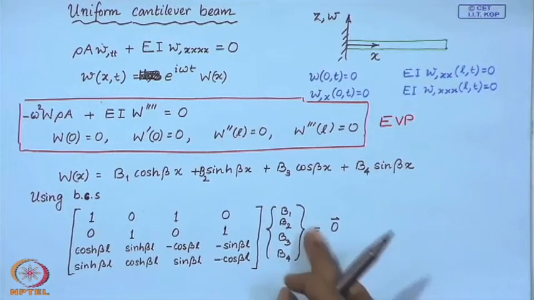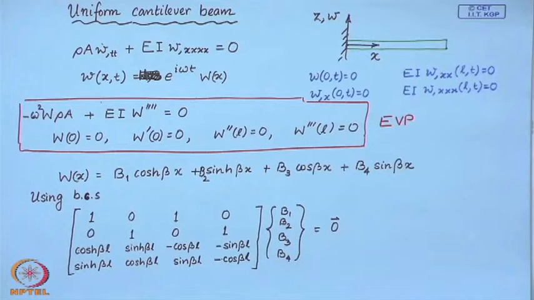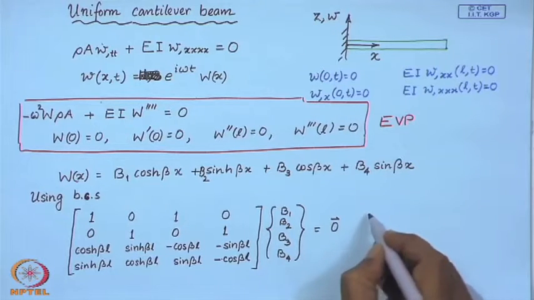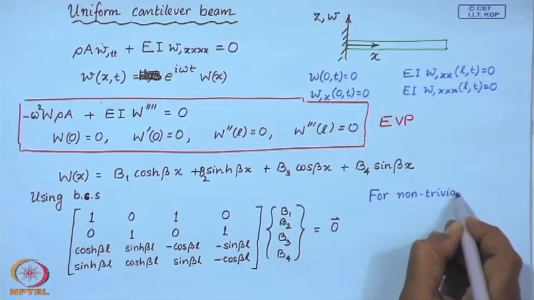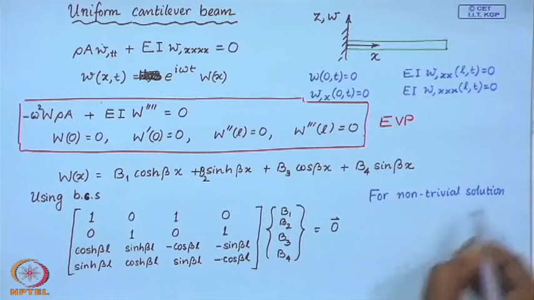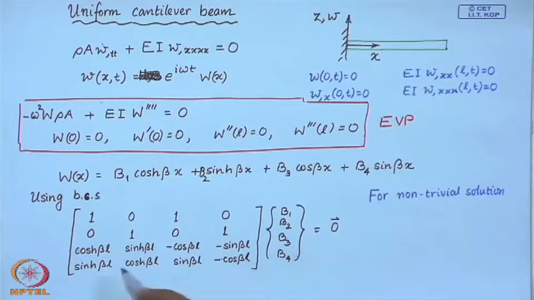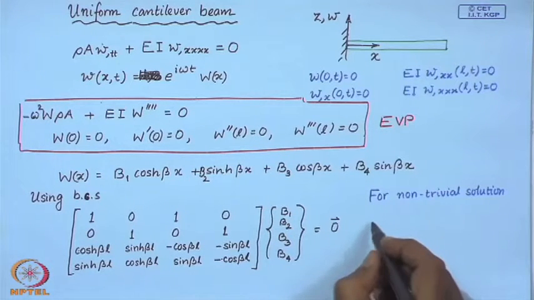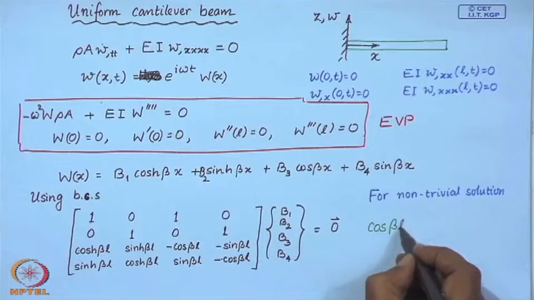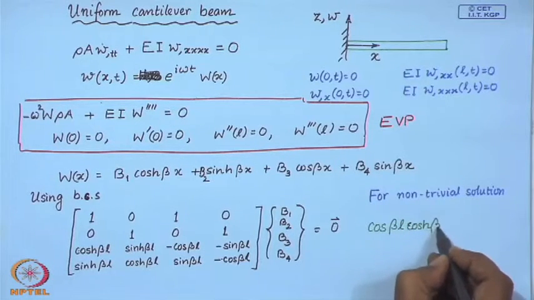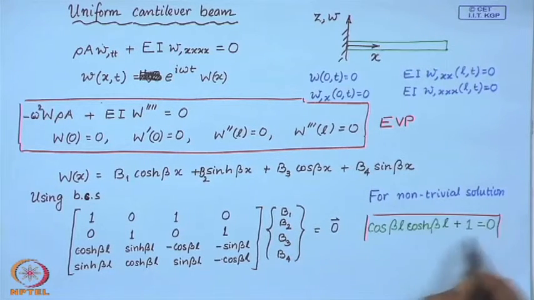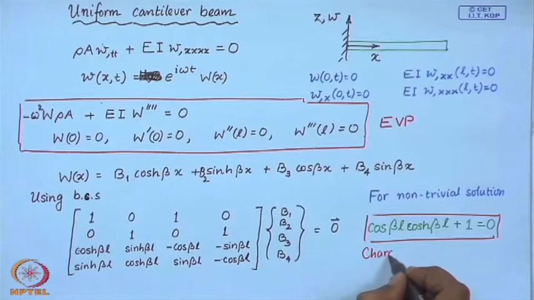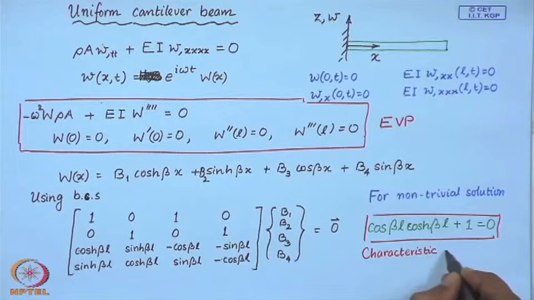So, for non-trivial solutions of B 1, B 2, B 3, B 4, the determinant of this matrix must vanish, and this leads us to, so if you calculate the determinant of this matrix, and this is the characteristic equation for the cantilever beam.